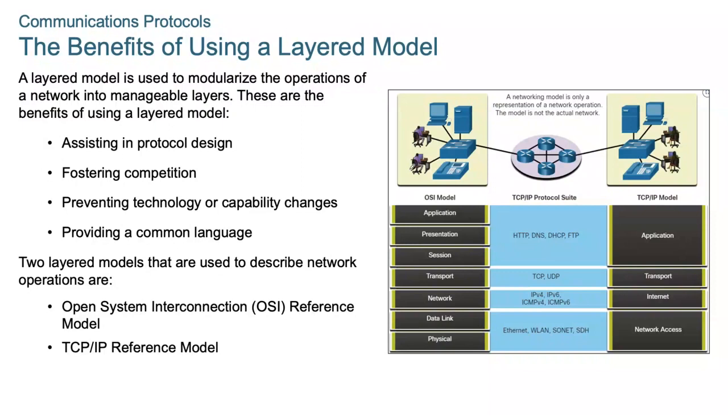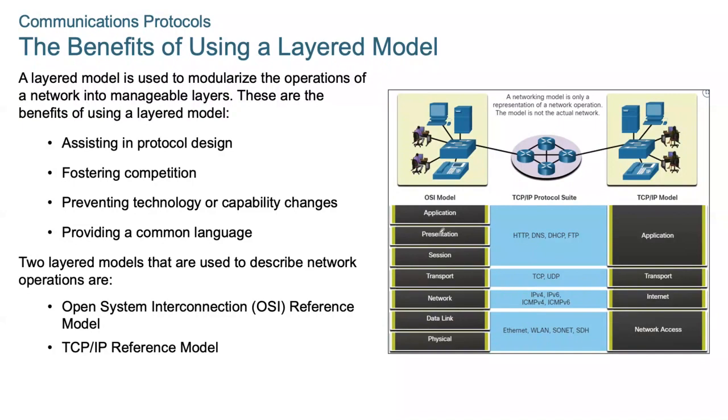A model is useful in these situations. Complex concepts such as how a network operates can be difficult to explain and understand. For this reason, a layered model is used to modularize the operation of a network into manageable layers. These are the benefits of using a layered model to describe network protocols and their operations.